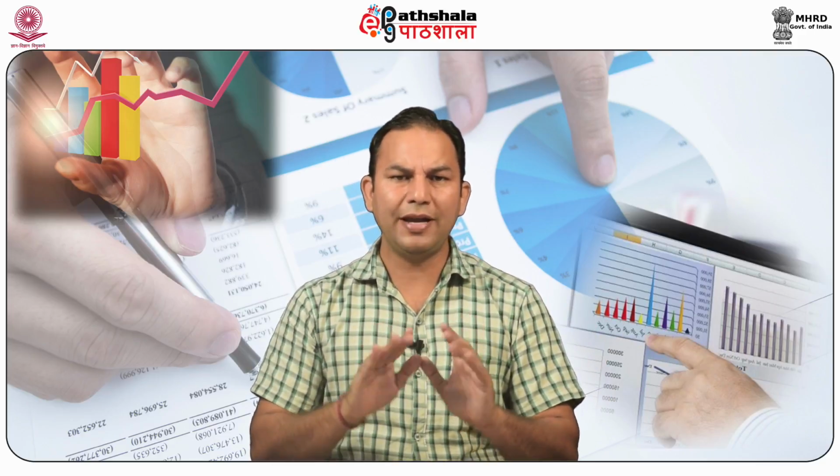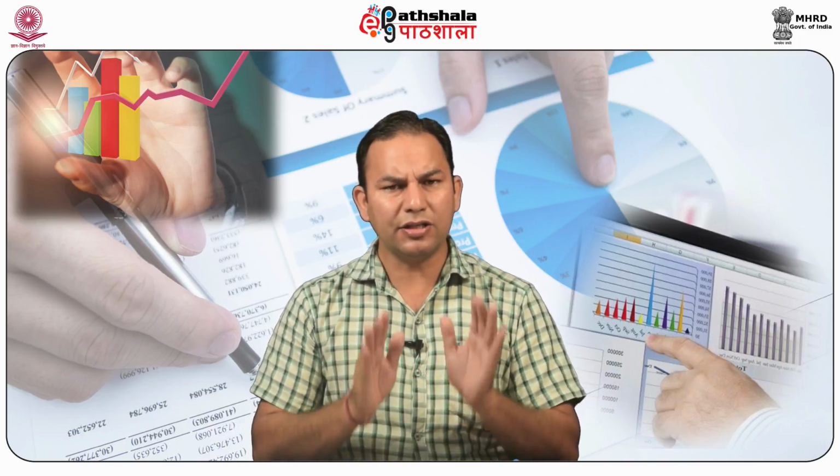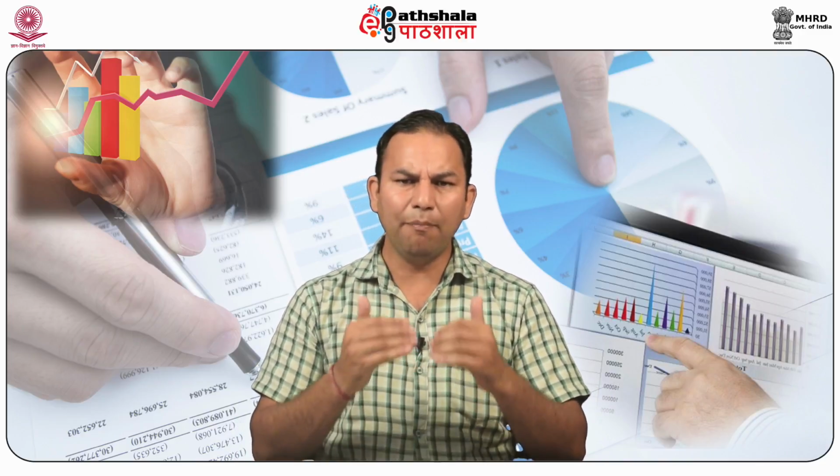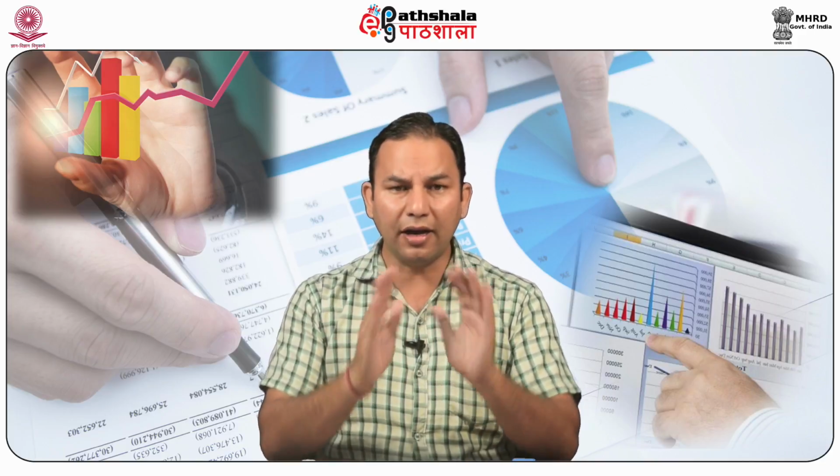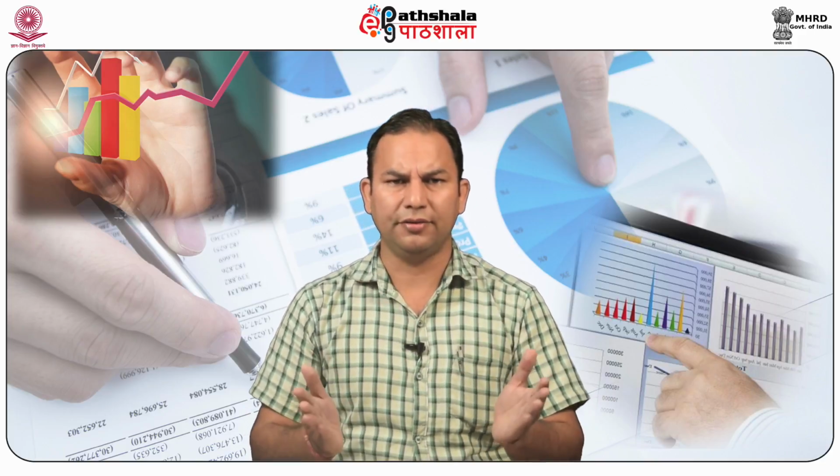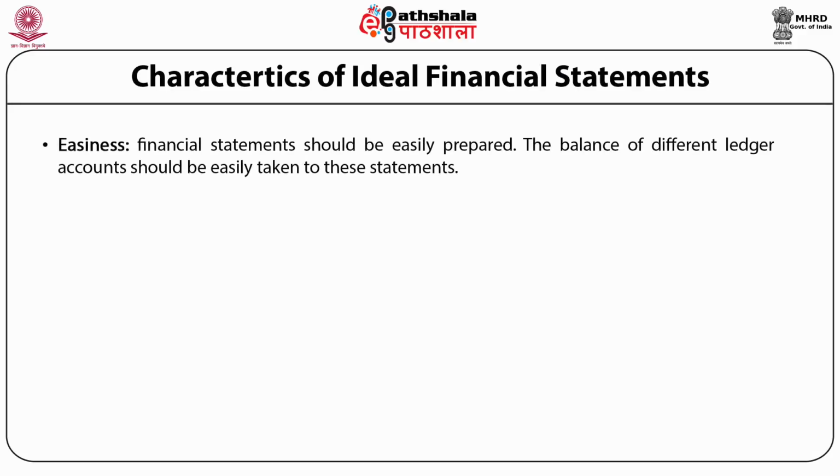Attractive: financial statements should be prepared in such a way that important information is underlined so that it attracts the eyes of the reader. Easiness: the financial statements should be easily prepared. The balances of different ledger accounts should be easily taken to these statements.